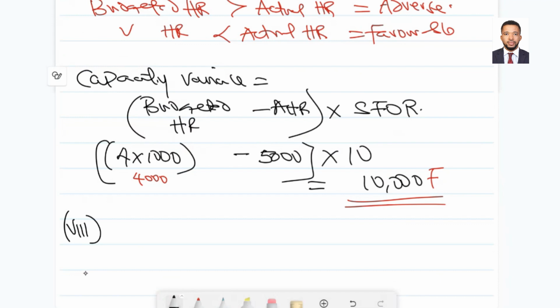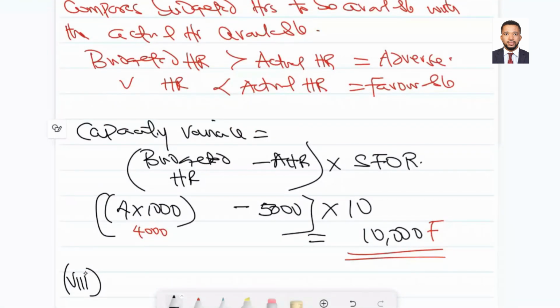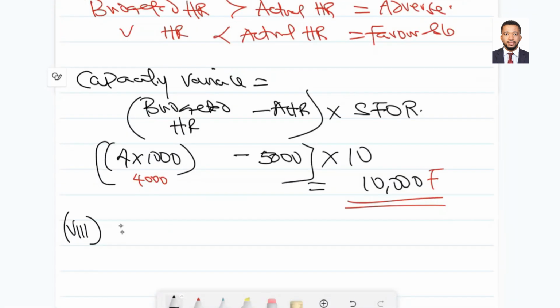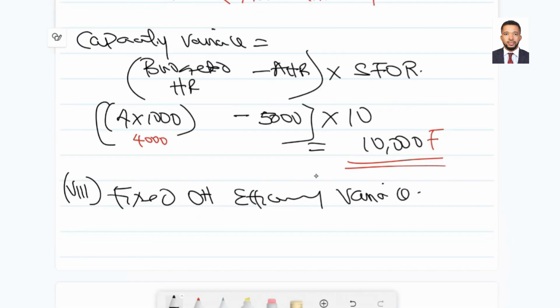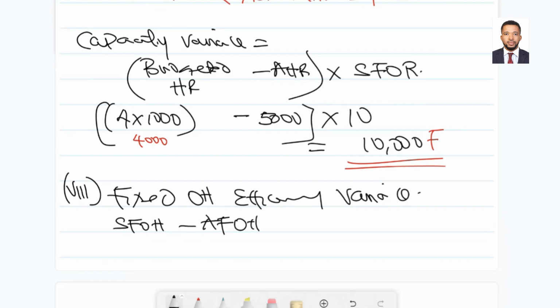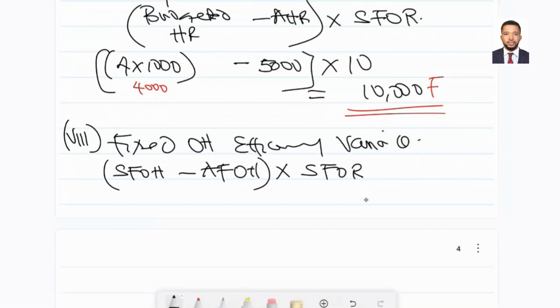Okay, this is fixed overhead efficiency variance. So this is standard fixed overhead hour minus actual fixed overhead hour, multiplied by the standard fixed overhead rate.